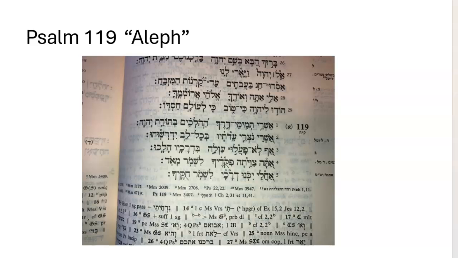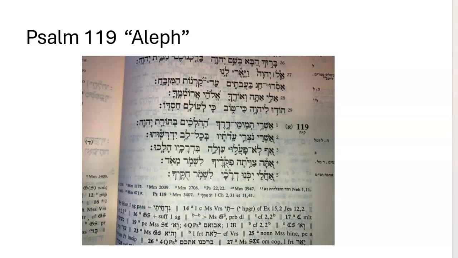That's the Hebrew letter, sort of like an A. And each verse doesn't represent a different letter this time. Each section represents a letter in the Hebrew alphabet. So you can see all of the lines. There are 5 lines in this picture. All of them begin with that Aleph.